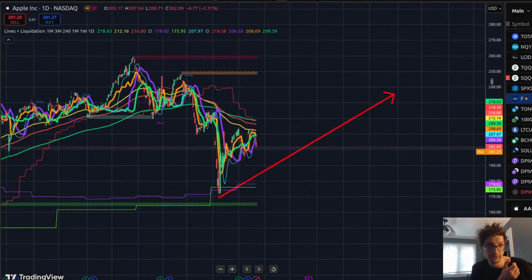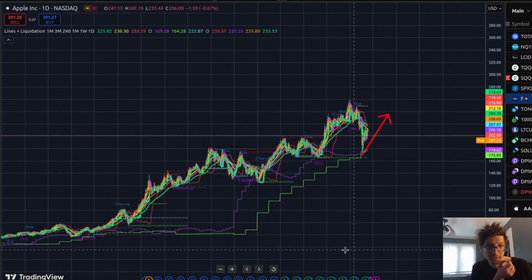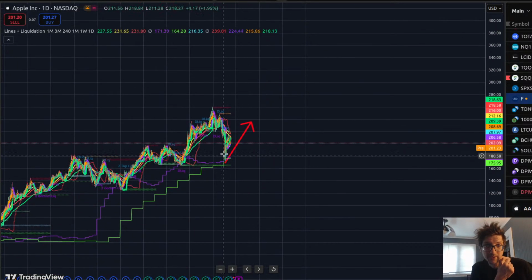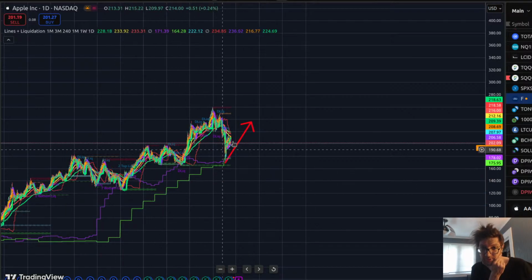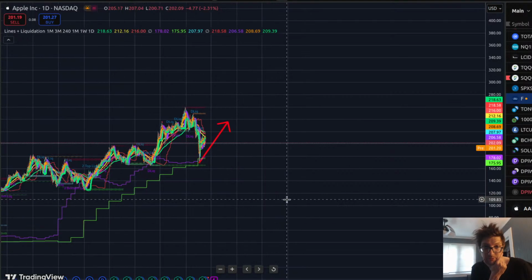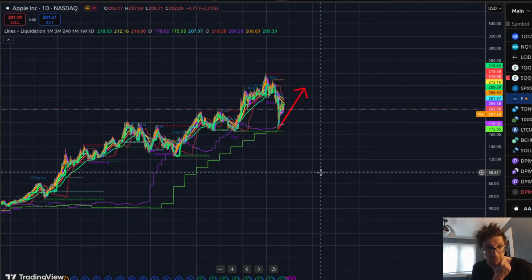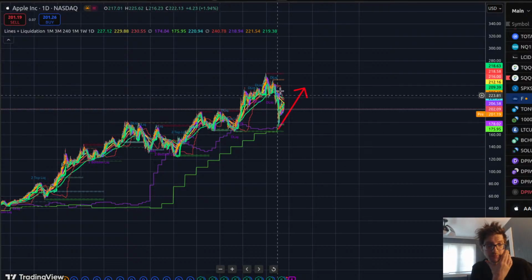But outside of that, we also need to be mindful of the more macro trend that's happening with this green line coming up. Price might come up and then test this liquidation area for resistance, and if it can't break above it and this line keeps going up, then we're going to break out to the downside heavily, majorly, as far as Apple goes, right?